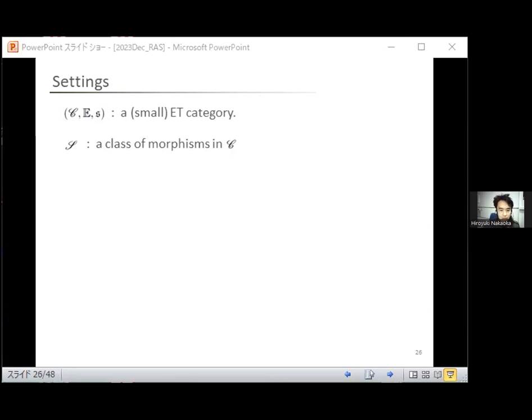To such S, we associate a full subcategory N_S of C in this way. Well, this is saying that the object N here is something which should become 0 after the localization.